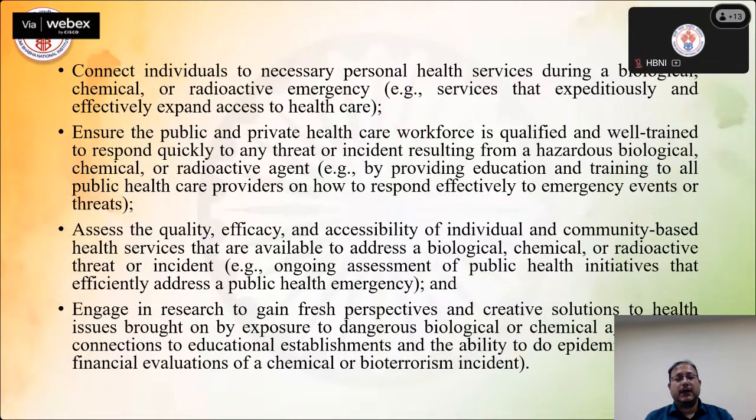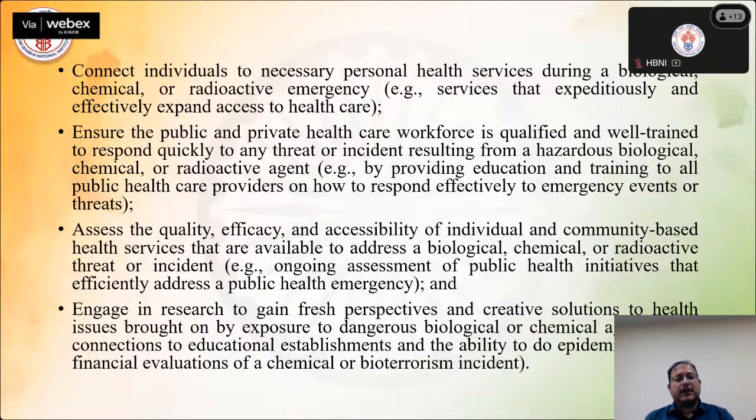An example would be providing education and training to all public health providers on how to respond effectively to emergency events or threats. So all these things are correlated: if you are gathering data, and teaching and training them, it is easy for them to respond, because the community is the primary responder who will come into the picture till the help comes. So all these things are very much required.